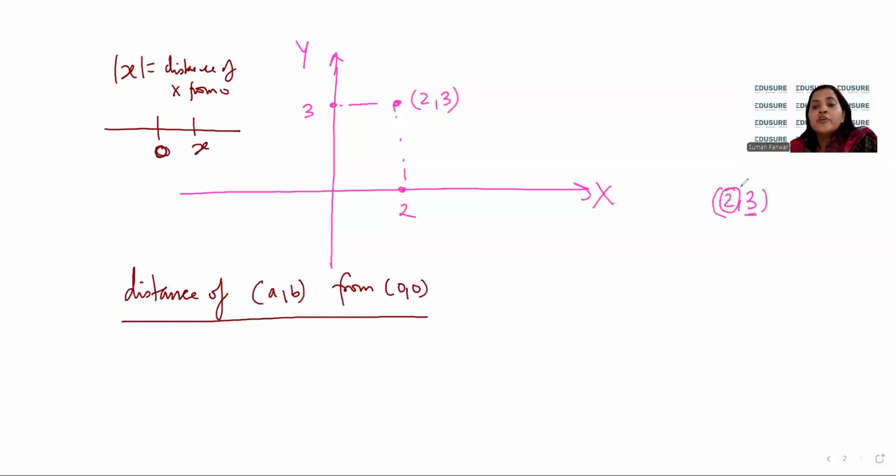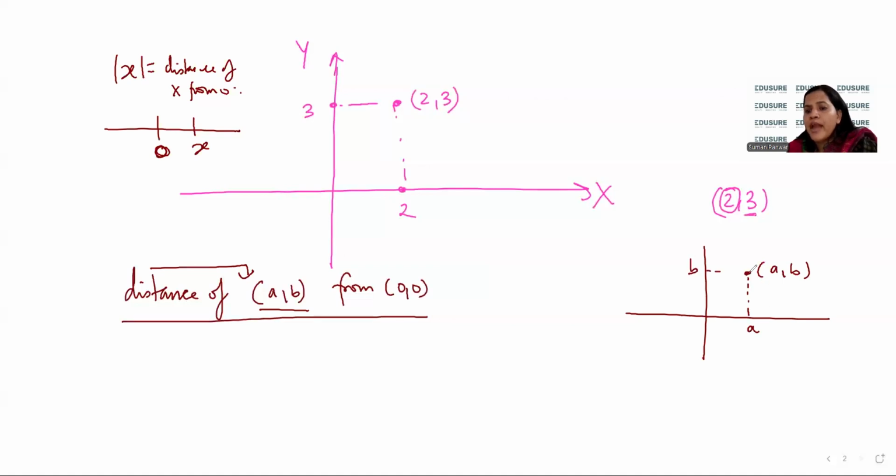So here, something analogous to absolute value of x is the distance of A, B from 0, 0. So suppose this is the point A, B. So this is A, this is B, and this is the line joining 0, 0 and A, B. So basically, I want to find the distance OA.